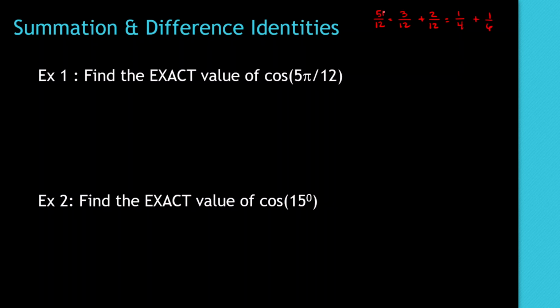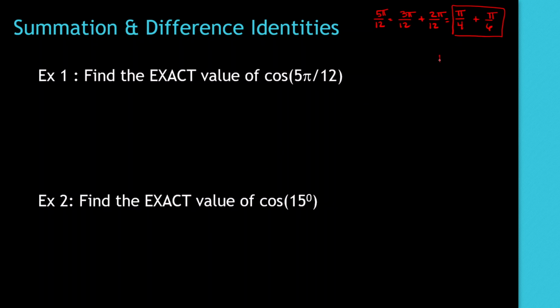If I put a pi on there, it doesn't change anything about the way I do that addition of fractions. What I end up with are two of the angles that we memorized from our unit circle: pi fourths and pi sixths.